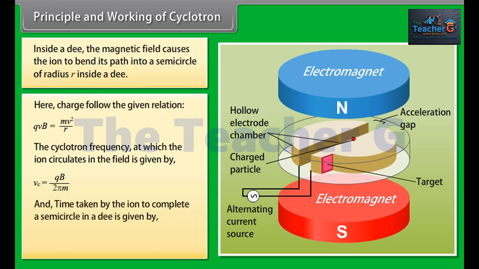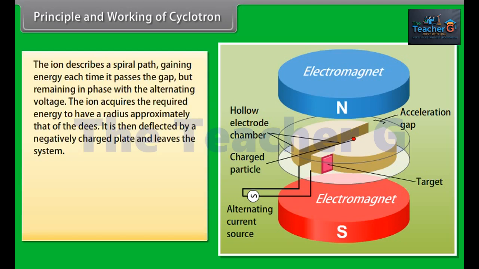The time taken by the ion to complete a semicircle in a D is given by πm/QB. At resonance condition, the ion arrives between the Ds exactly in time to be repeatedly accelerated and gains energy. This energy gain does not affect the resonance condition except increasing the orbit size.